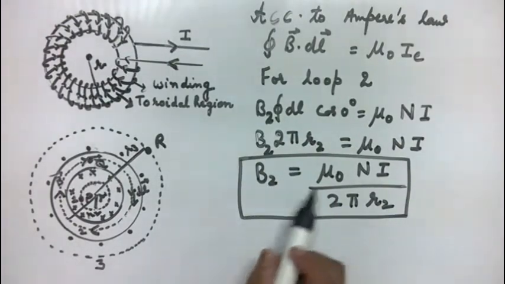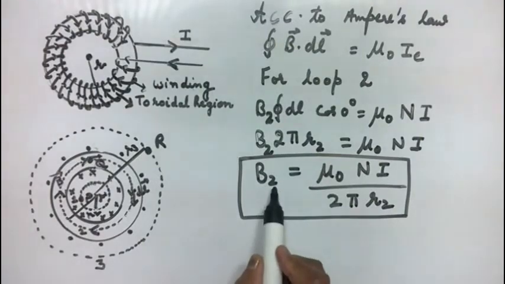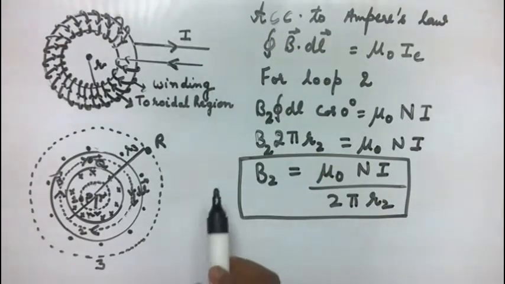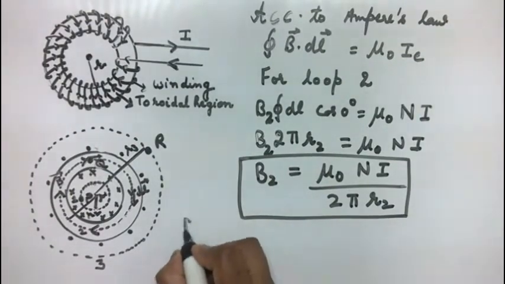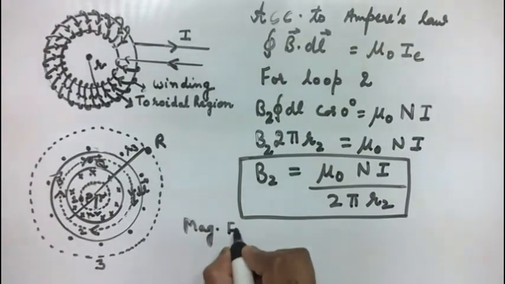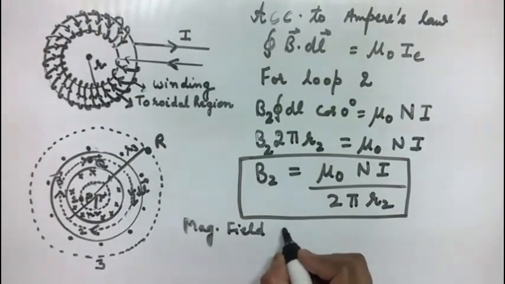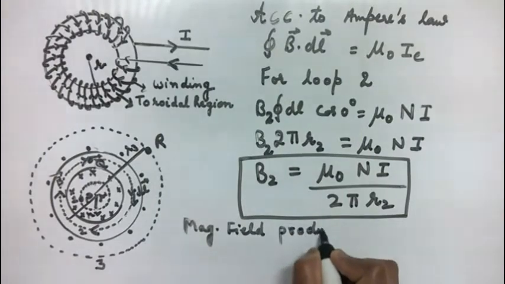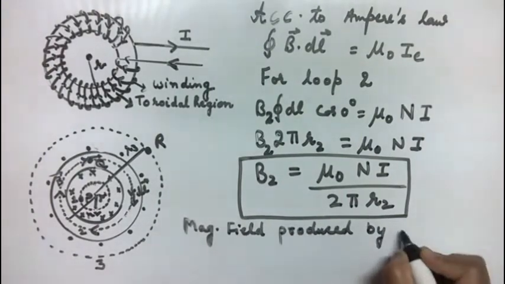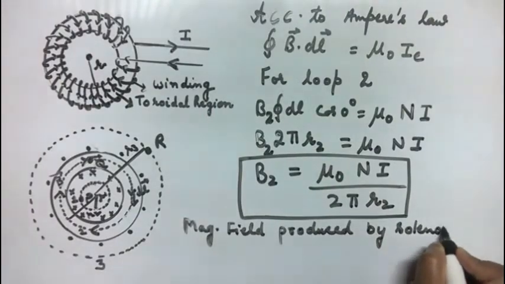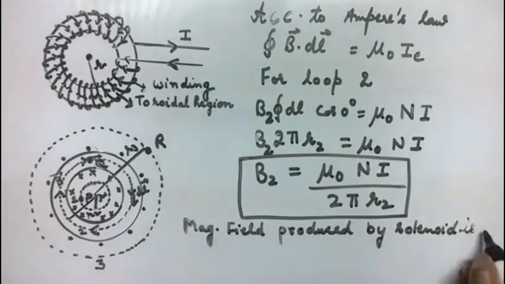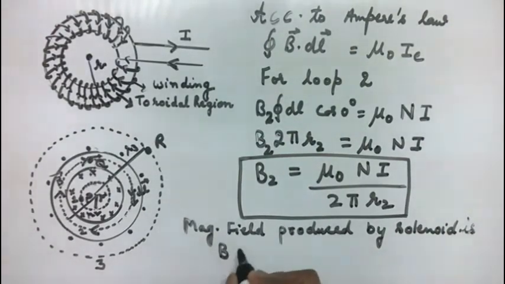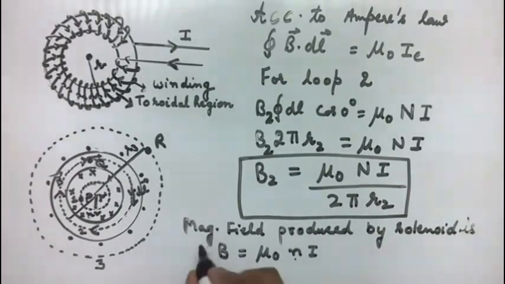And we can compare the magnetic field of a toroid and the magnetic field produced by a solenoid. The magnetic field produced by a solenoid is mu naught n I, where n is the number of turns per unit length.